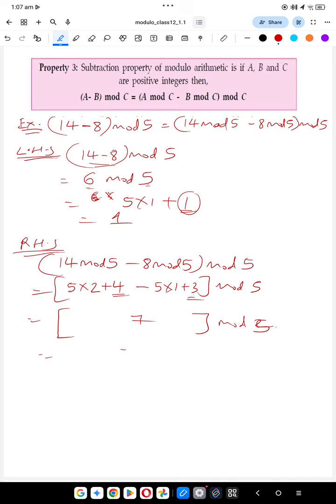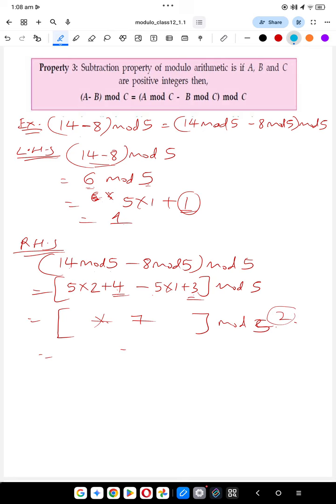Let me cross check. 14 minus 8 is 6, 6 mod 5, 5 into 1 plus 1, which will be 1. Yeah. And 5 twos is 10, 10 plus 4. Okay. Yeah. Did you find the mistake? Why did we end up getting the wrong result, which is 2?